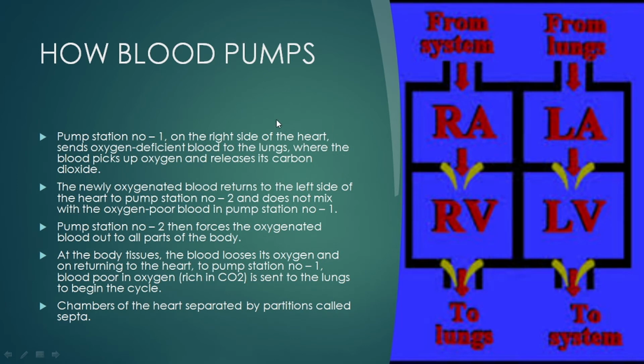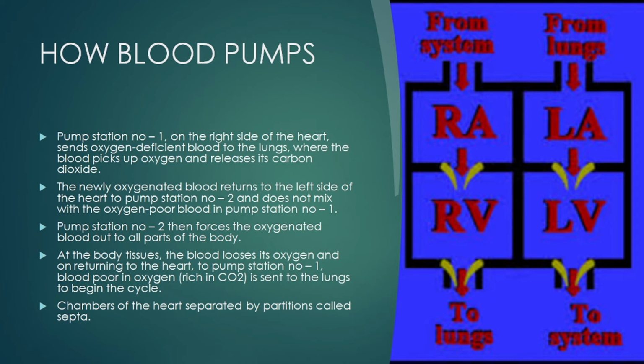Now we'll see how the blood pumps. Let's imagine in this image that the right side is pump station number 1 and the left side is pump station number 2. Pump station number 1 on the right side of the heart sends oxygen-deficient, meaning deoxygenated, blood to the lungs, where the blood picks up oxygen and releases its carbon dioxide.